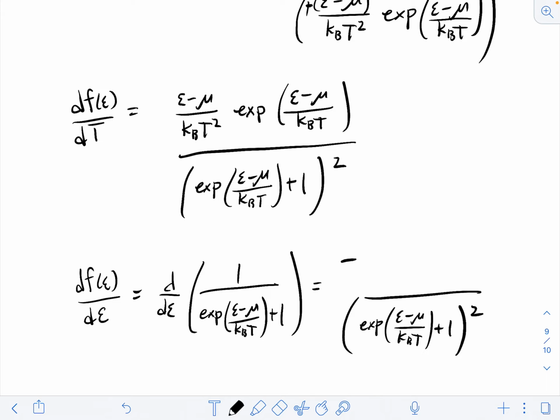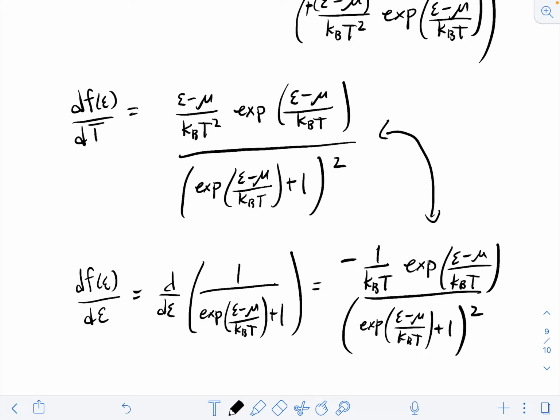And then we take the derivative of the denominator, we'll pull out a 1 over kB T, and then we'll get the exponential back, but no minus sign this time because the energy is in the numerator inside the exponential.